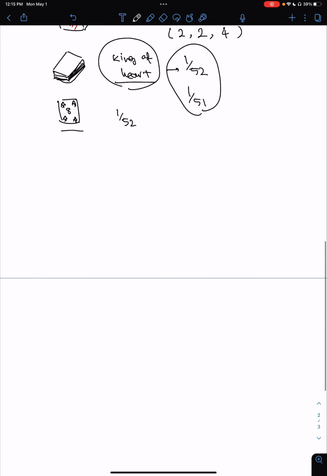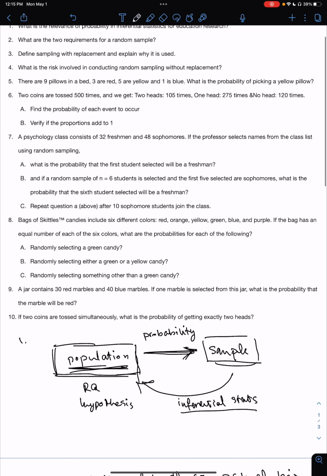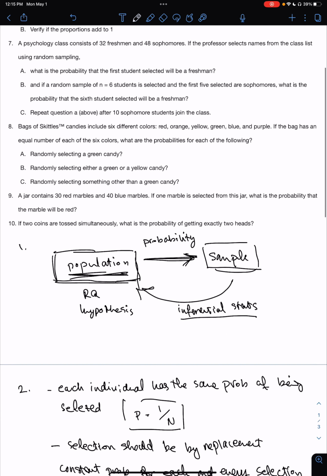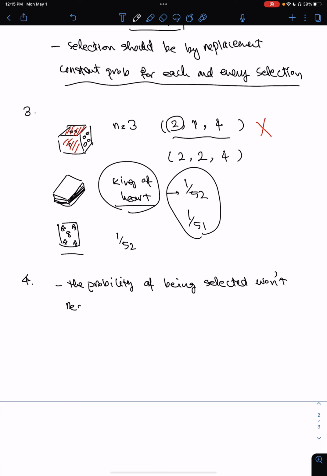So we kind of talked about question 4 as well. What is the risk involved in conducting random sampling without replacement? The risk is that the probability of being selected will not remain constant, because we are changing the population.